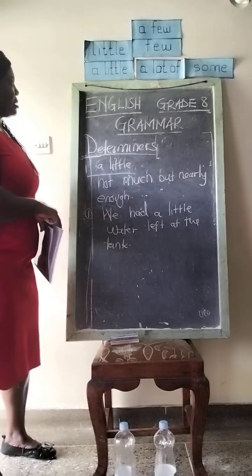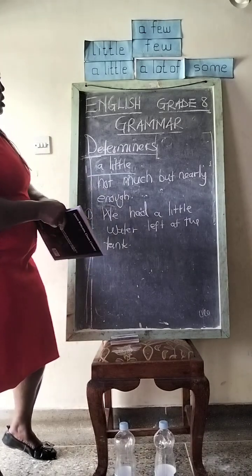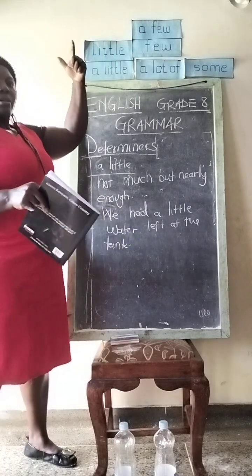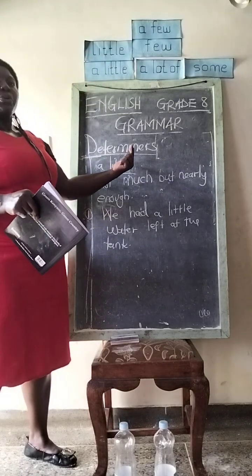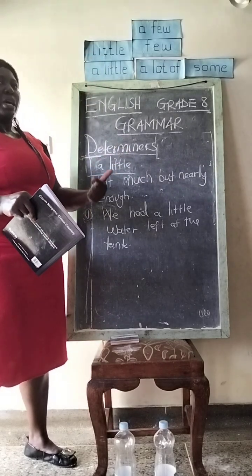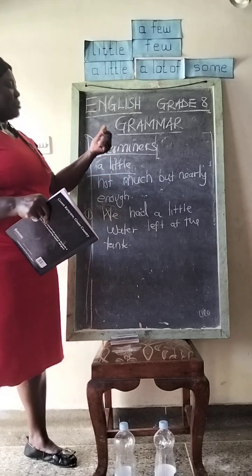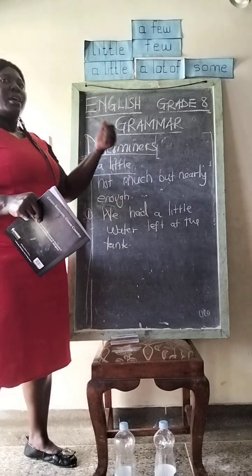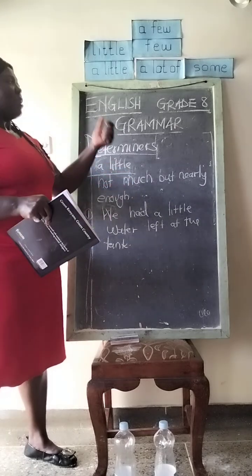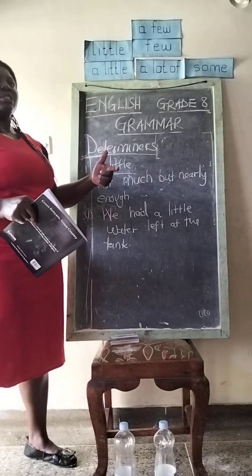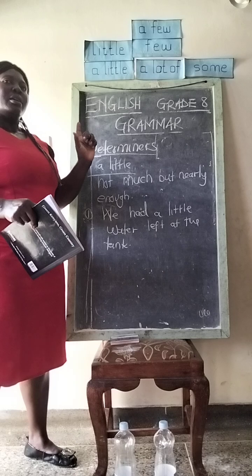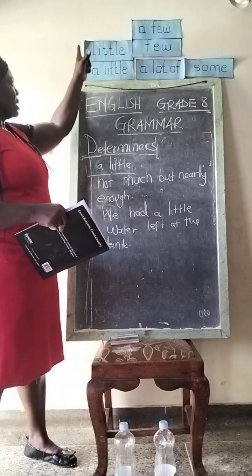So my good learners, we have talked about quantifiers that we use with both countable and uncountable nouns. We have also looked at quantifiers we specifically use with countable nouns, for example, a few. We have also talked about the ones that we specifically use with uncountable nouns, for example, little and a little.